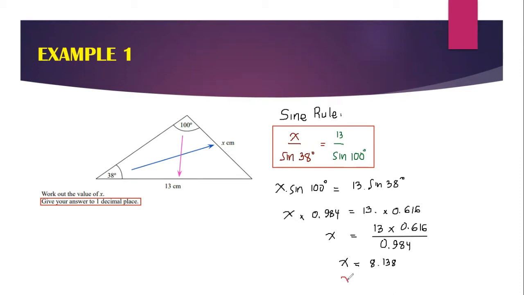So x is 8.1 centimeter, to one decimal place. Because 3 is followed by 8, which rounds the 1 up... So finally, we got x is 8.1 centimeter. Clear, everyone?